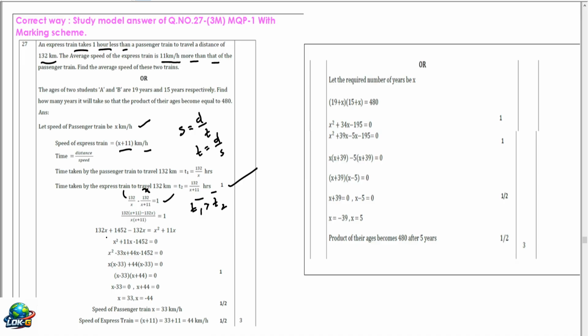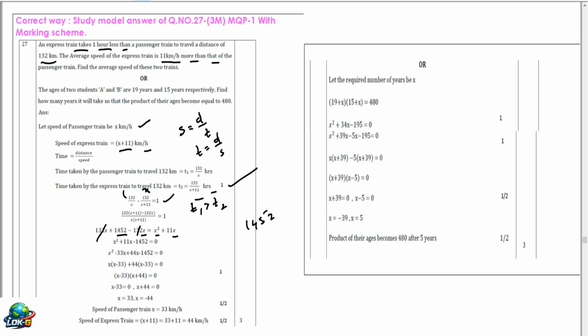Remove the bracket, you get 132x plus 132 into 11 becomes 1452, then minus 132x. Take it to the right hand side, x into x is x square, 11 into x is 11x, 132x minus 132x cancel. You will get 1452.